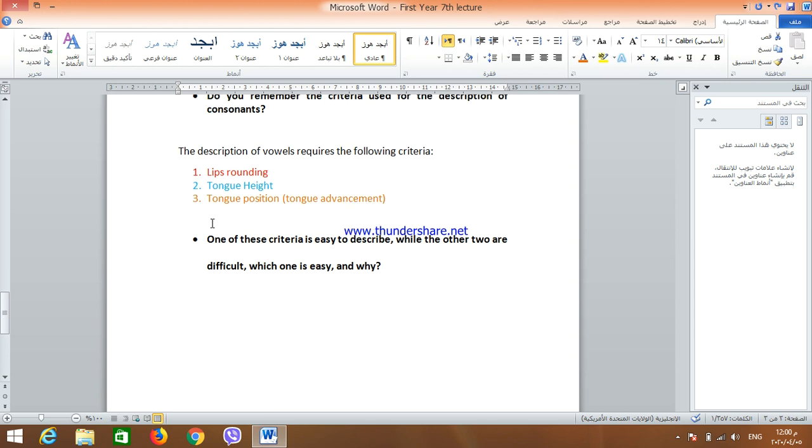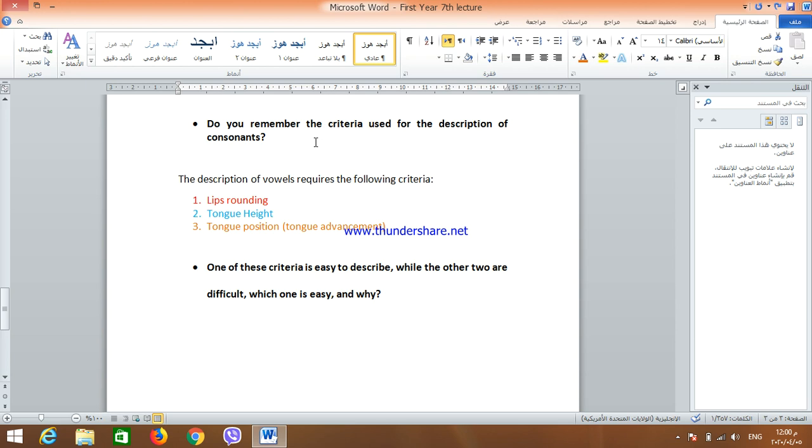Now, the description of vowels requires the following criteria, different criteria actually from the ones we used when we want to describe a consonant. Lip rounding, the shape of the lips, is a criterion used in the description of vowels.